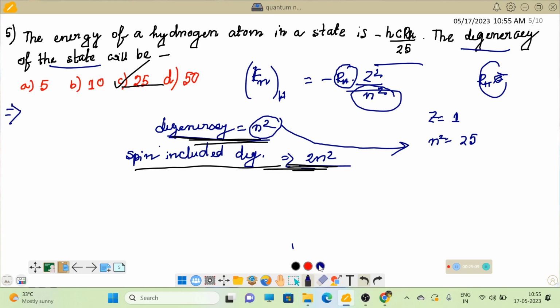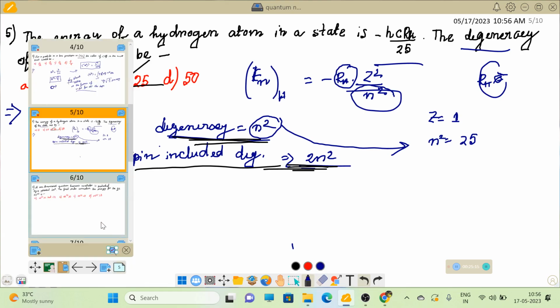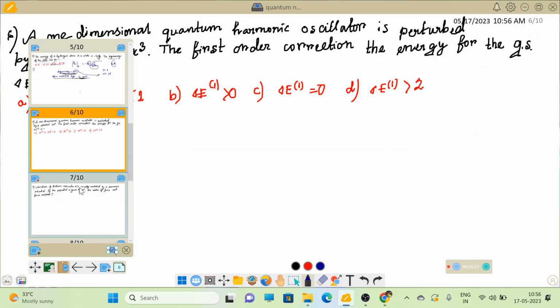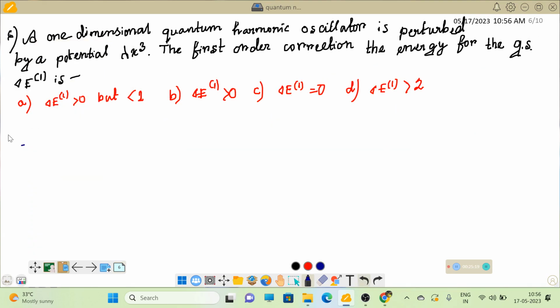So coming to the next question. Okay, this is a very tricky question. You can see here a one dimensional quantum harmonic oscillator is perturbed by the potential lambda x cube. As the first order correction, what is the energy of the ground state?